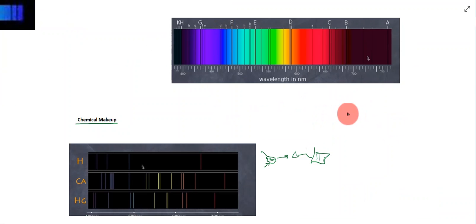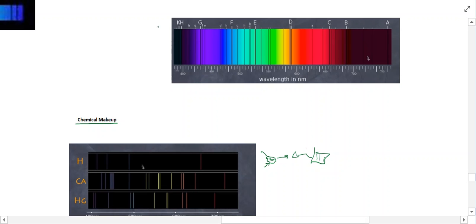So if we take this absorption spectrum that's been created by the sun, for example, all of this setup here, it isn't just being created by one particular element. It's being created by a number of different elements that are within the photosphere, or the outside atmosphere of the sun.